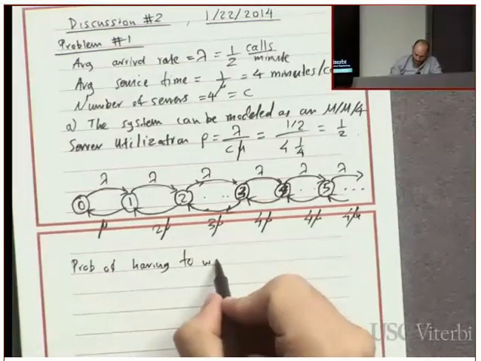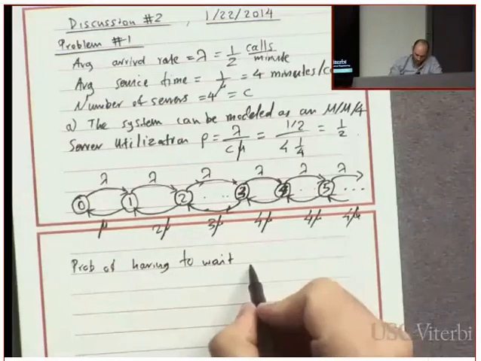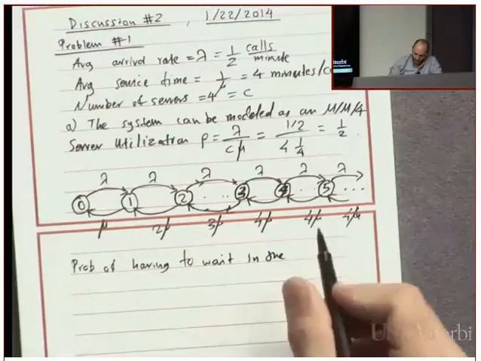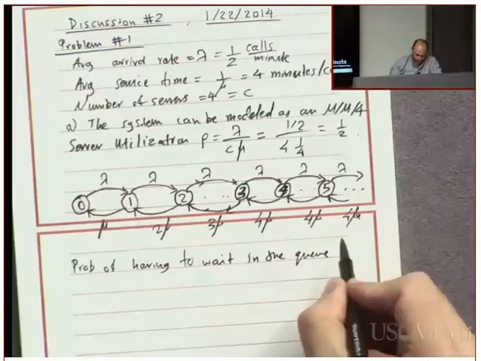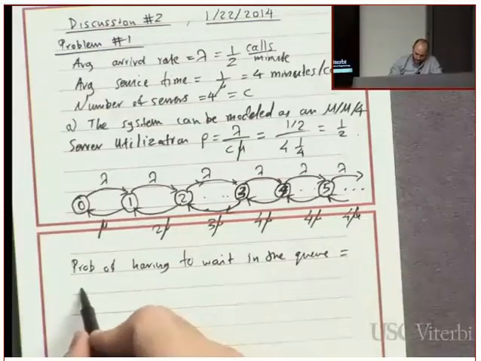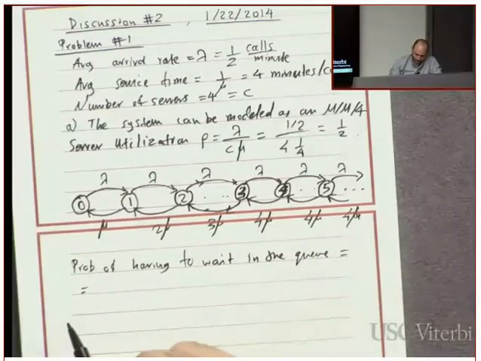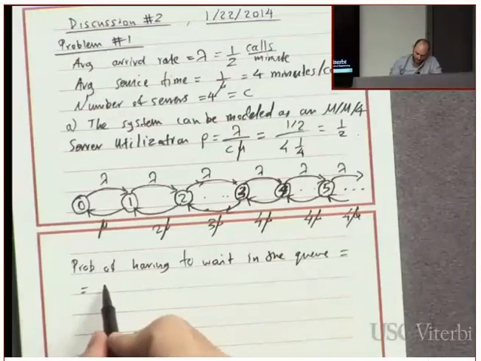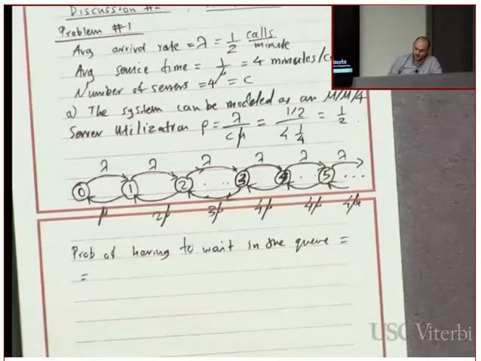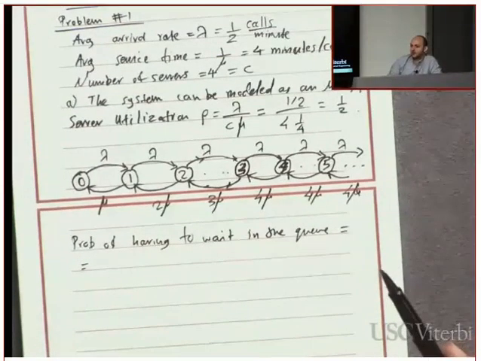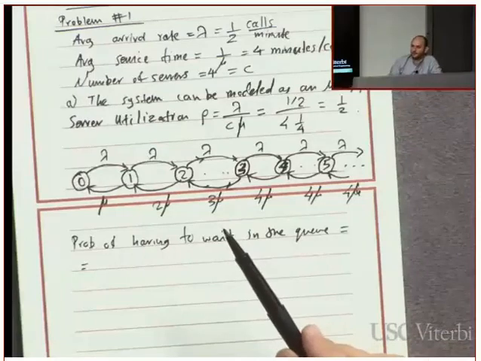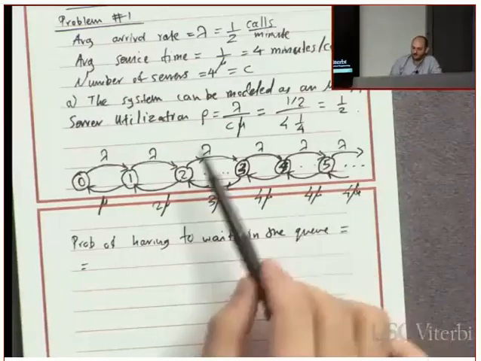Having to wait in the line, in the queue, is equal to... can you translate it into the probability of being in some particular state?